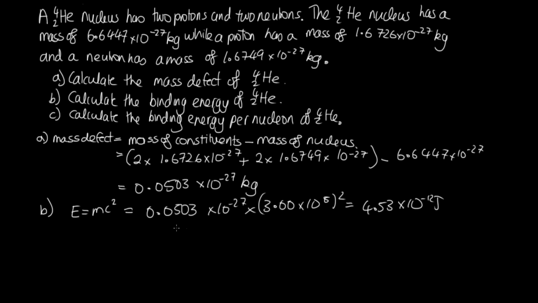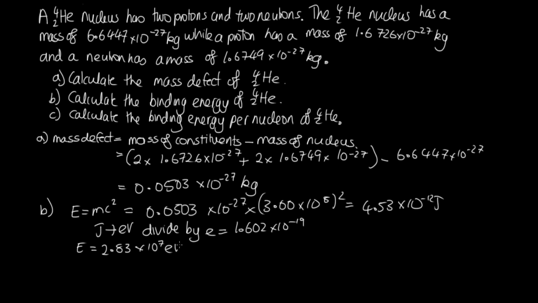Now, in order to convert from joules to electron volts, what we have to do is divide by e, the charge on an electron, which is 1.602 times 10 to the minus 19. So when we divide this energy by 1.602 times 10 to the minus 19, we get 2.83 times 10 to the 7 electron volts.